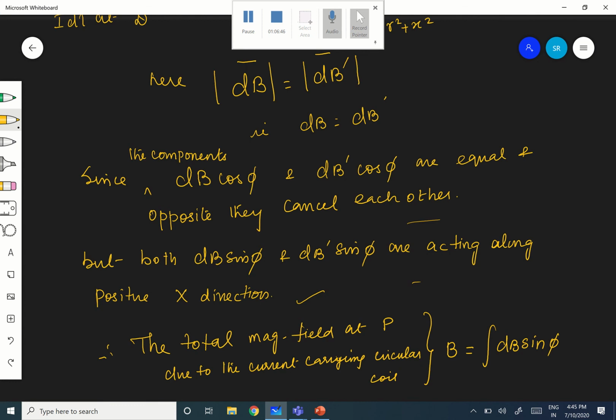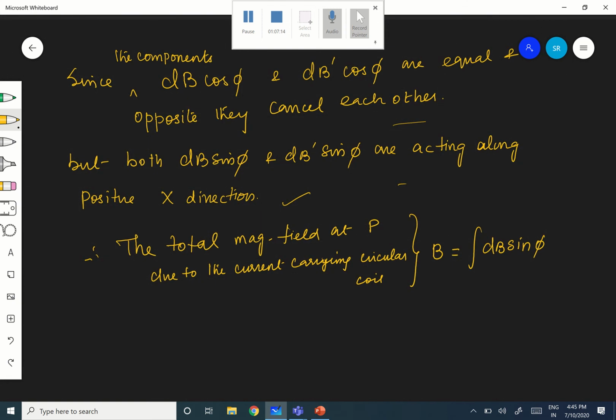Are you following? Integral of dB sin phi. You are taking pairs which are diametrically opposite. Then only dB sin phi is remaining. All dBs are the same. dB equal to dB dash equal to dB1 equal to dB1 dash equal to dB2 dash, all are equal. Therefore you can go for the integral of dB sin phi.